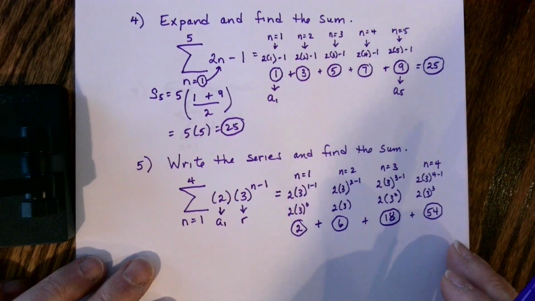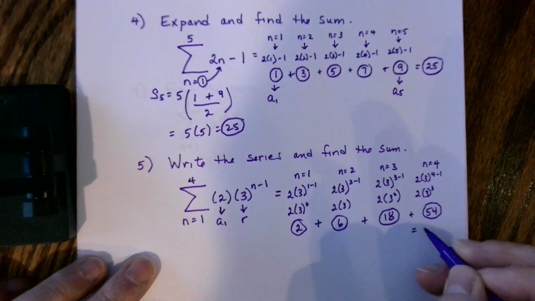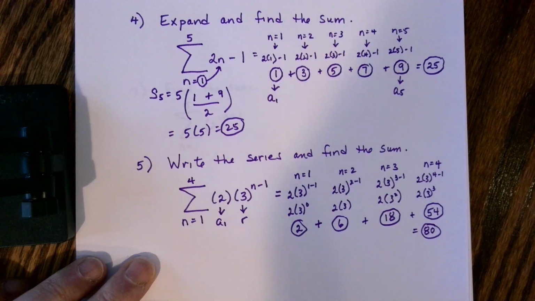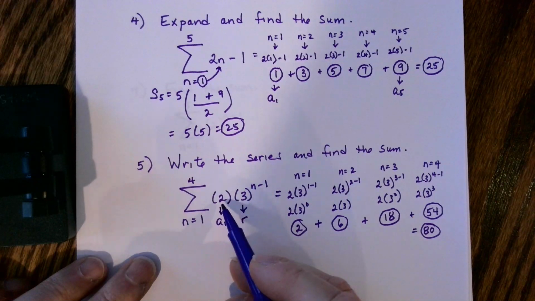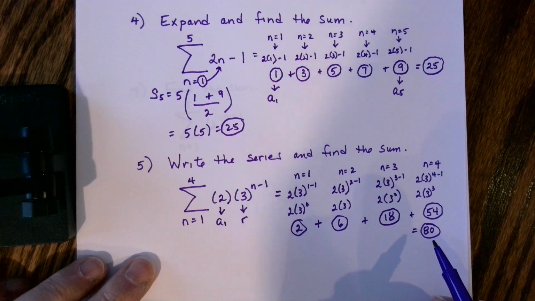Now once again, I could add all of these numbers up, and I would end up with a sum of 80. So the sum of the first 4 terms of the sequence, 2 times 3 to the n minus 1, is 80.